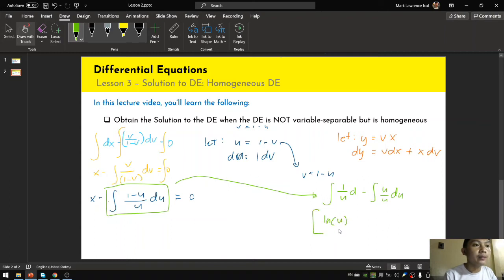And for this one we have basically 1, so we have u. Okay, so ito ay magiging x minus ln of u minus u is equals to c. Okay, so kanina nag-substitute tayo, so we go back. So our u is 1 minus v.